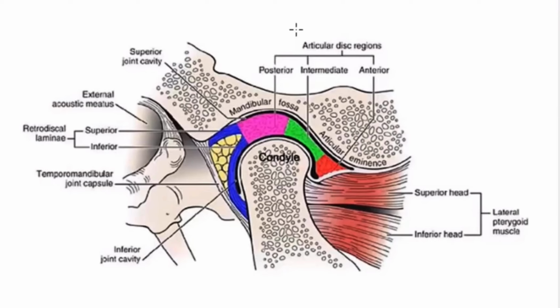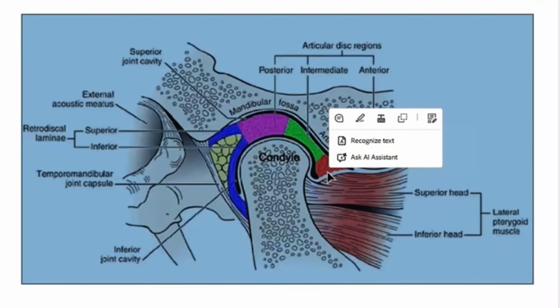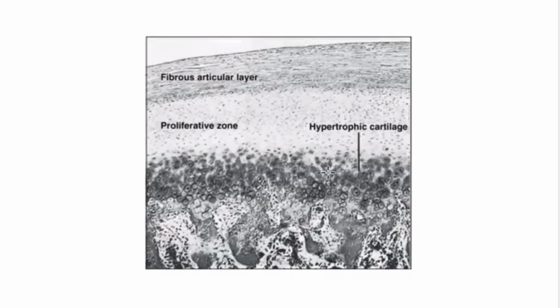We have a surrounding capsule that seals the cavity, and it contains synovial fluid. It surrounds all the parts of the TMJ. The synovial fluid is produced from the capsule.